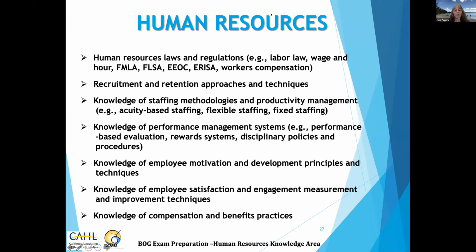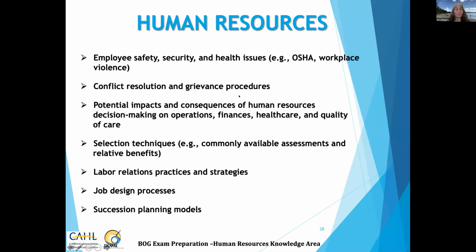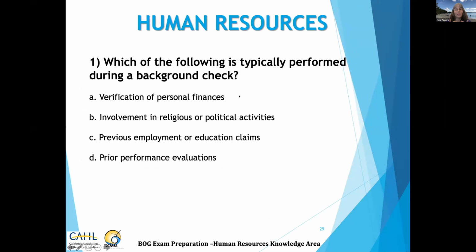So let's go ahead and jump into the questions, so at least we can spend some time parsing those apart. Which of the following is typically performed during a background check? Verification of personal finances, involvement in religious or political activities, previous employment or education claims, and prior performance evaluations.